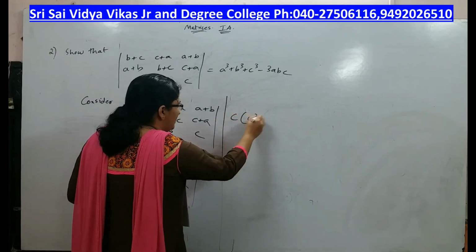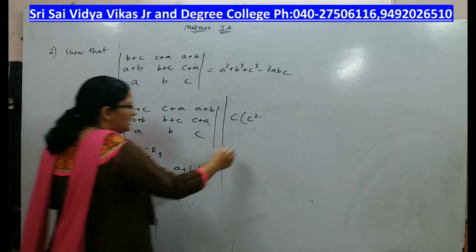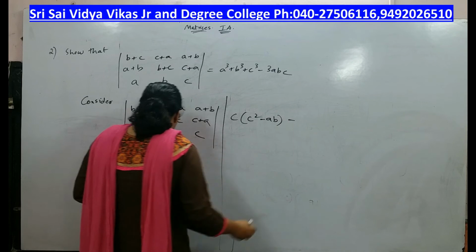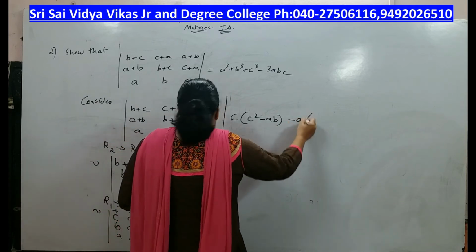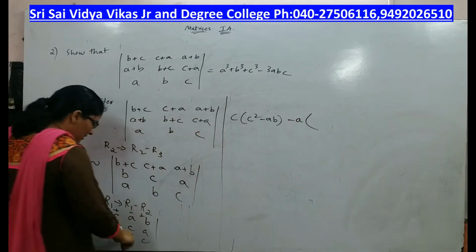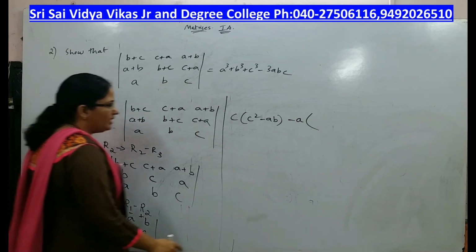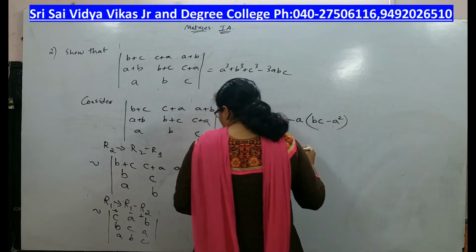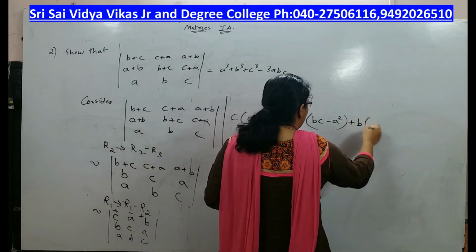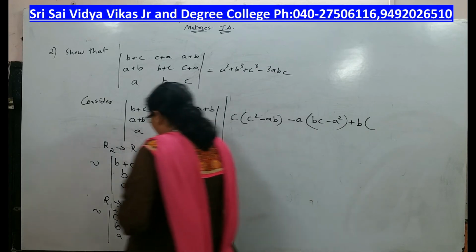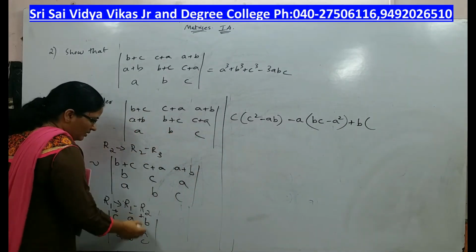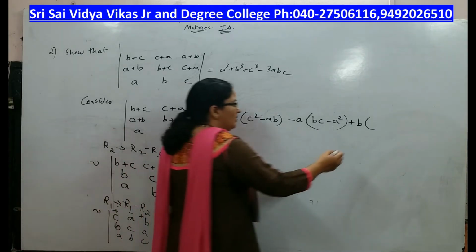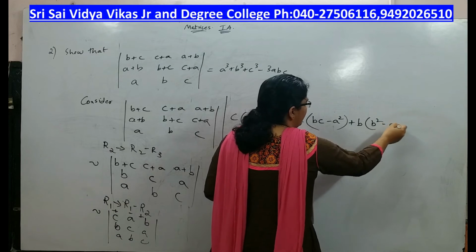C into (C square minus AB), minus A into (BC minus A square), plus B into (close this column, close this row) (B square minus AC).